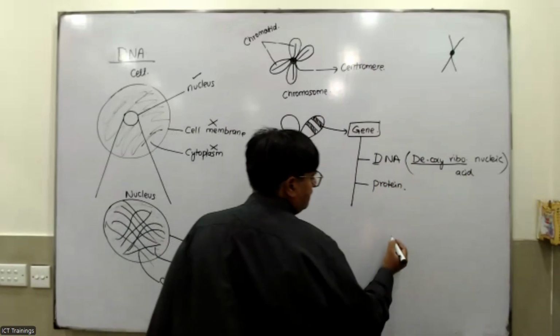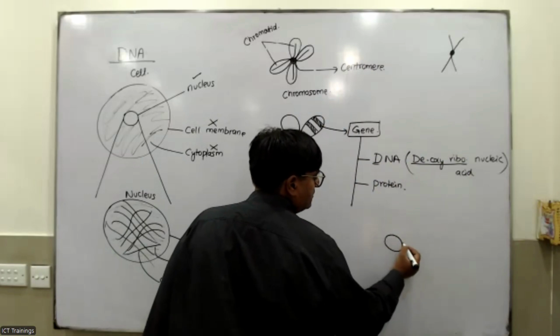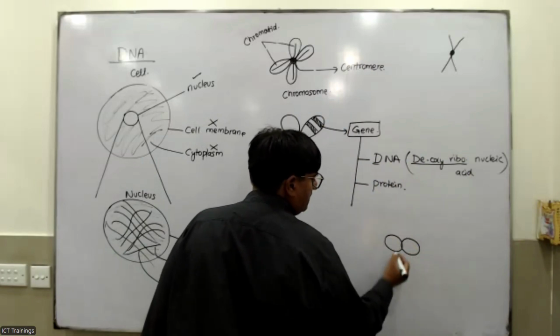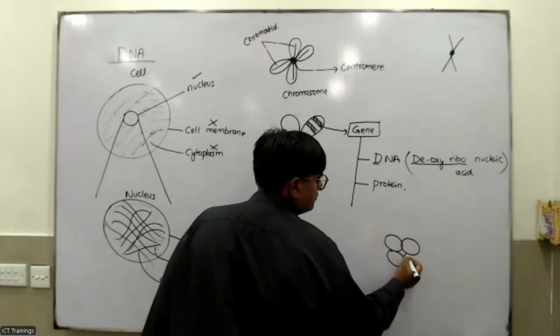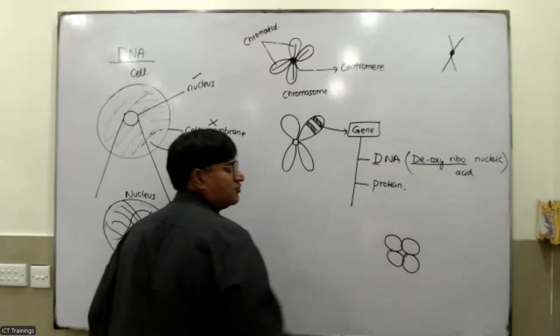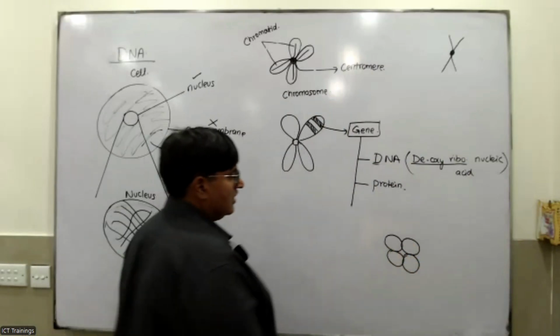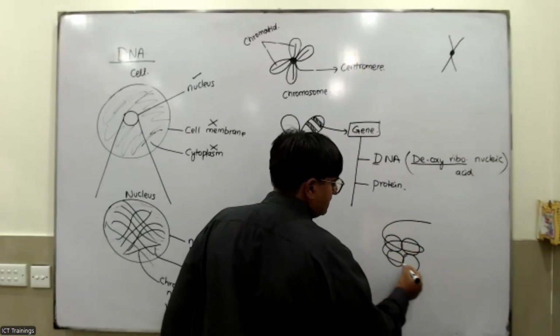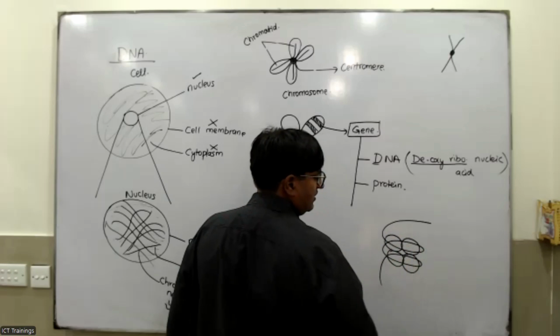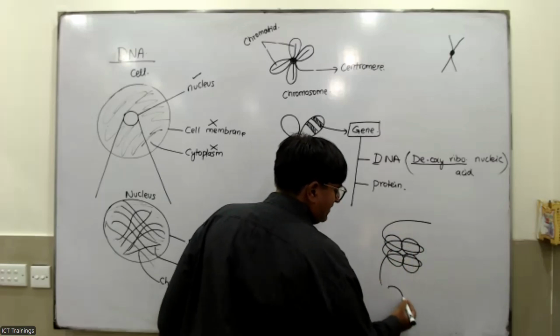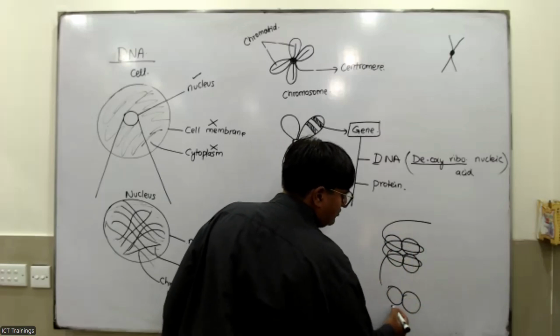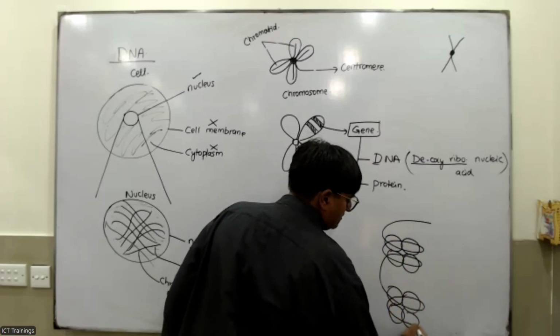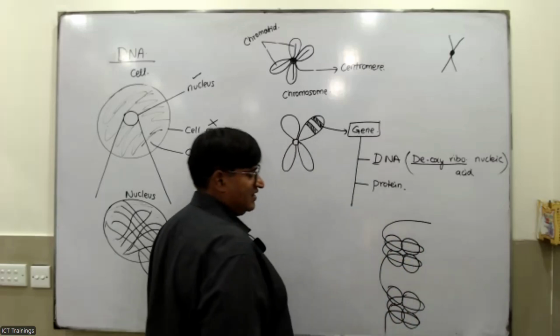Let me draw it for you. You have 8 molecules of the protein, with 2 turns of the DNA, like that. Then again 8 molecules of the protein with 2 turns of the DNA.